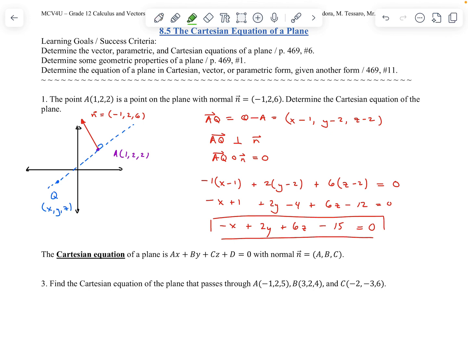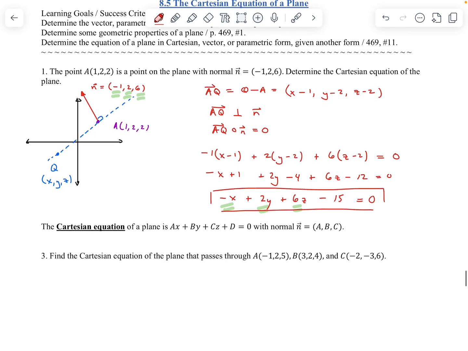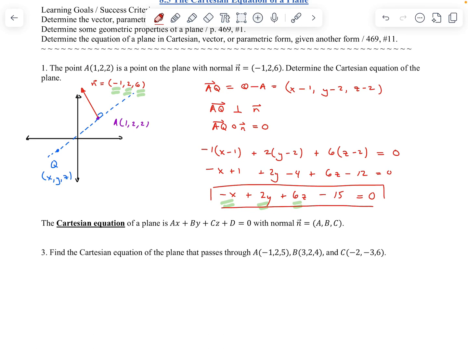And this works just like a line, in that this -1 and this 2 and this 6 come from the normal. So that equation tells you that this plane is perpendicular to the vector -1, 2, 6. And this brings us to the last piece of the unit. The Cartesian equation of a plane is ax plus by plus cz equals 0 with normal (a, b, c).